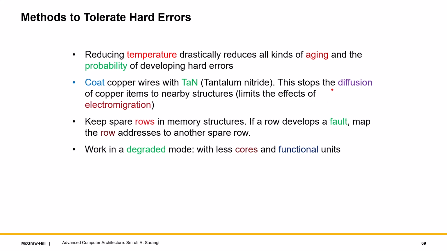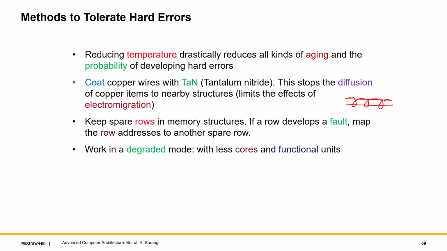The other is that, to stop electromigration, if let's say this is your copper wire, you give it a coating, you give it a covering, of something like tantalum nitride. So what this will do is hold the wire together. It's like putting the wire in a hollow cylinder where the cylinder is tight. It will not allow parts of the wire to fatten up, and you will not have extrusions and short circuits.